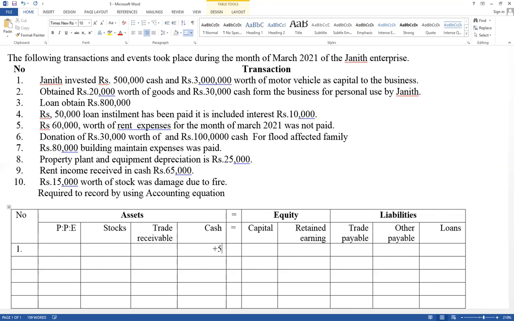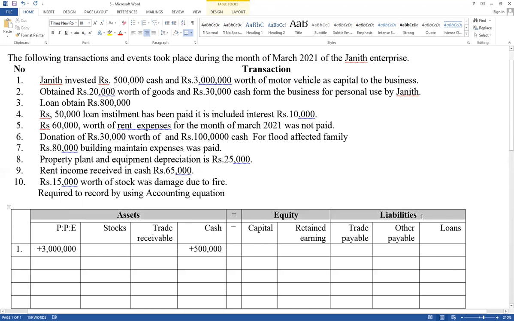Motor vehicle is part of property, plant and equipment, along with land and building, so its effect should be recorded in the property, plant and equipment column. Therefore, property, plant and equipment increases 3 million. Both values affect capital. Therefore, under the capital column the total value should be recorded.